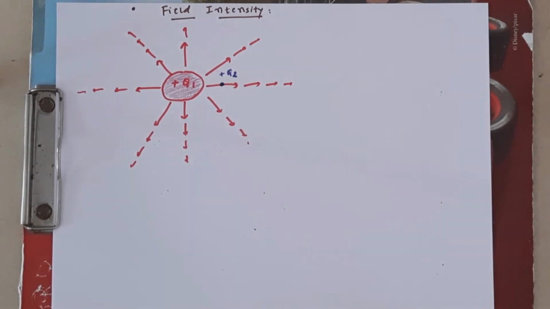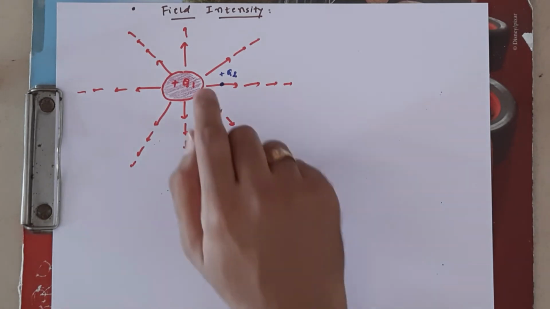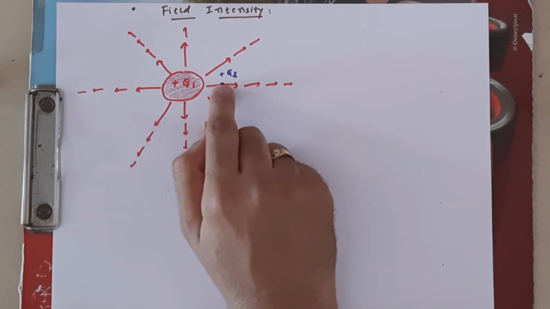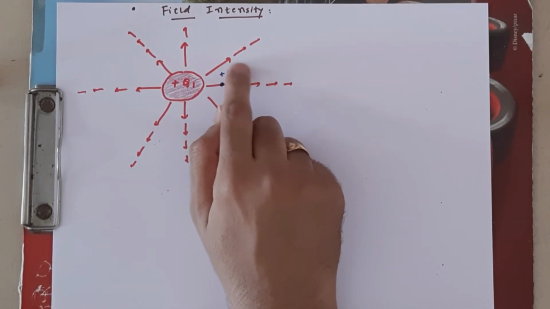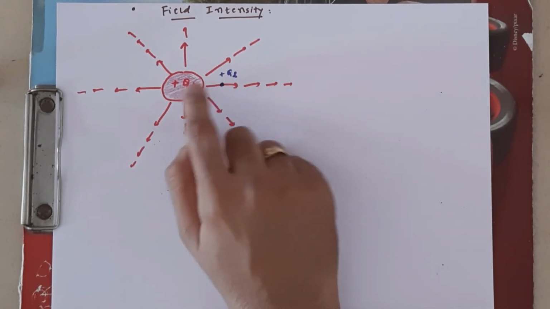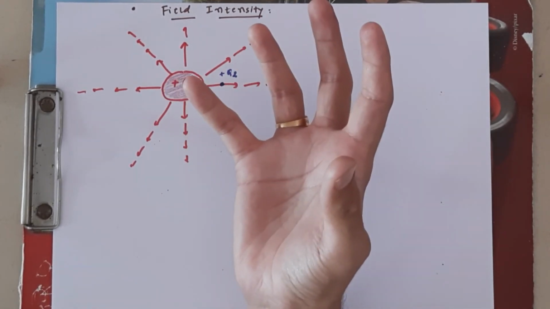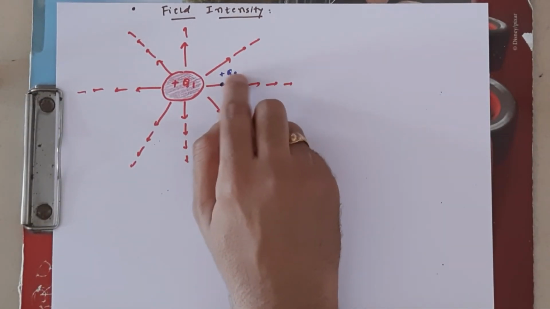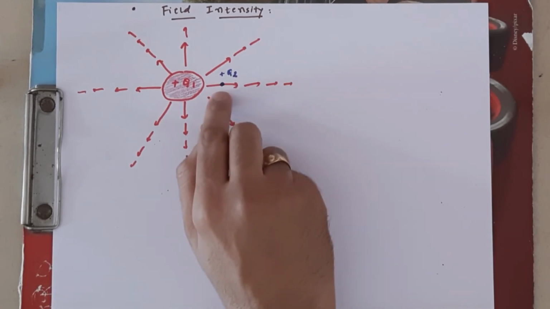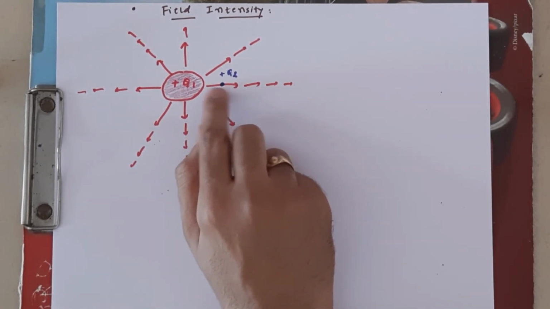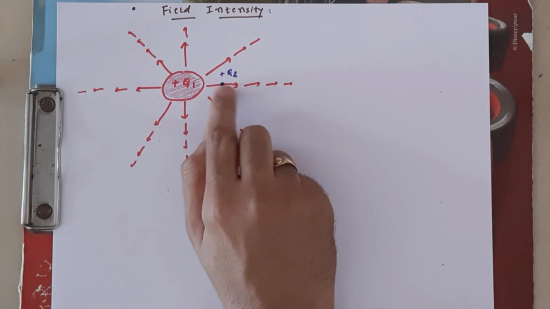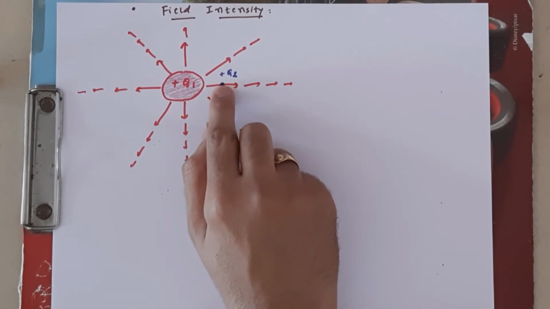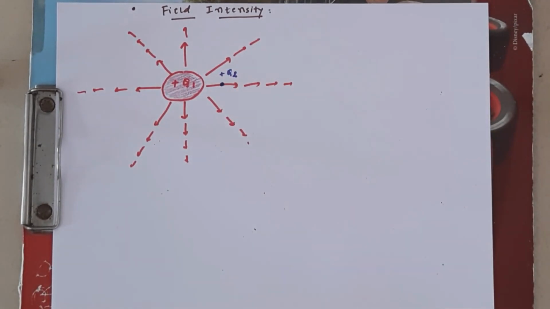But now the question is, which charge undergoes displacement? Of course, the plus q2 charge, because the plus q1 charge is very heavy and the plus q2 charge is very light. So if I put plus q2 here, there is a strong repulsive force between these two charges, and there is a displacement of the plus q2 charge.